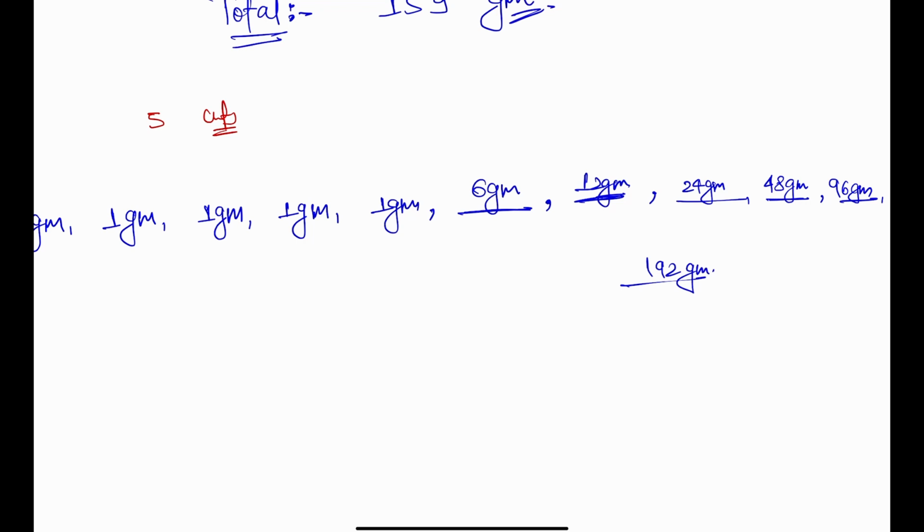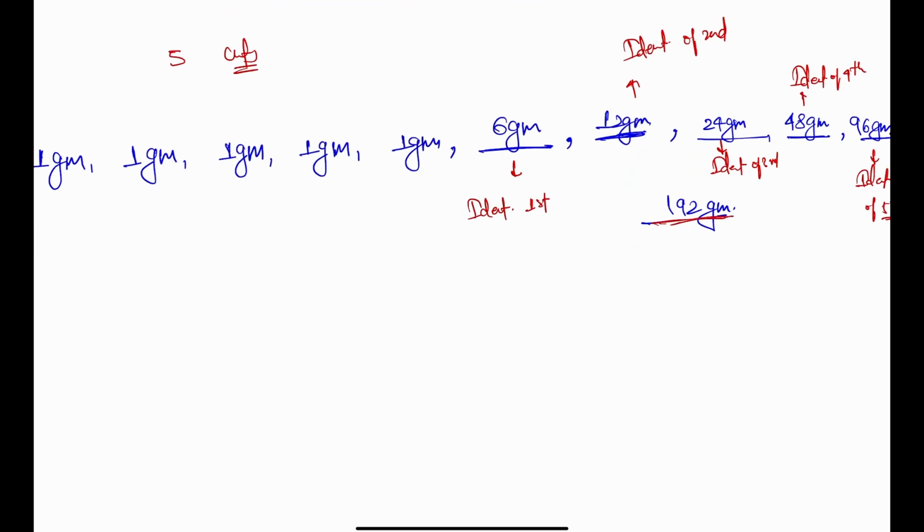Why 192 gram? This is the identification of first, second, third, fourth, fifth, and the last part on the other side is this much.